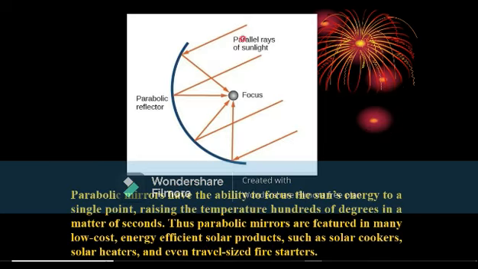Okay, so considering we have here the parabolic mirrors. Look at this figure, wherein this is the focus, this is the parabolic reflector, and these are the parallel rays of sunlight.